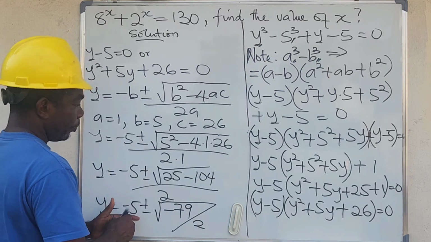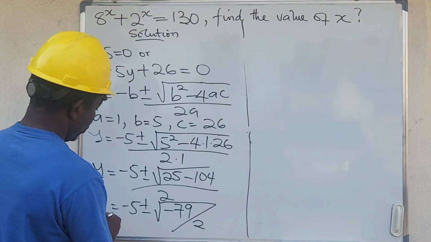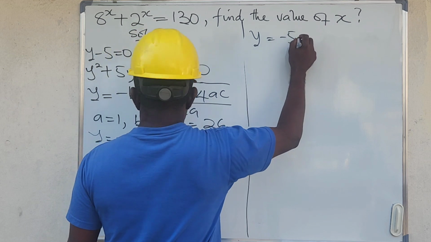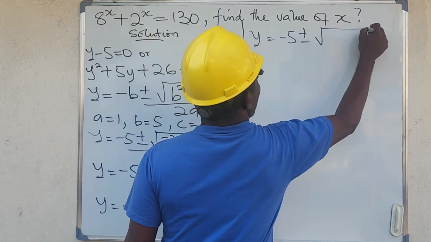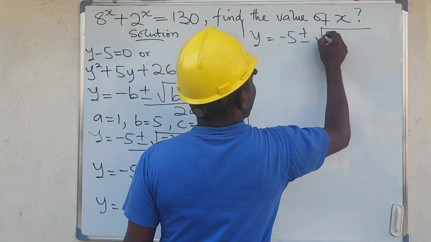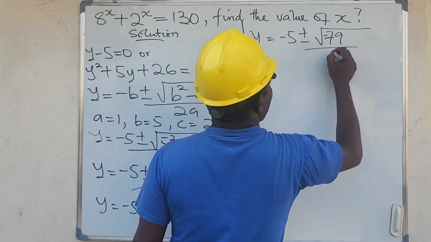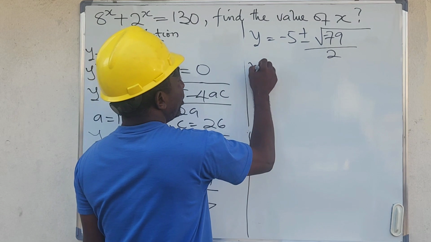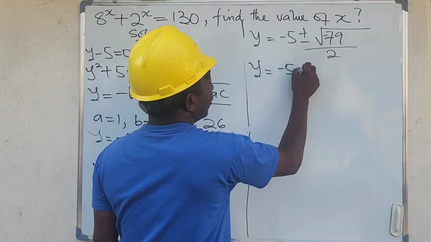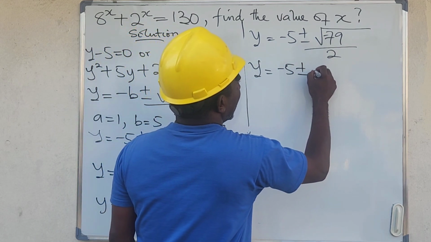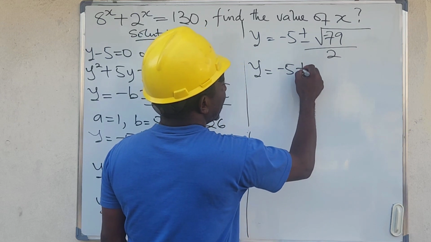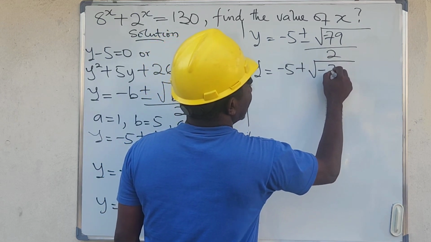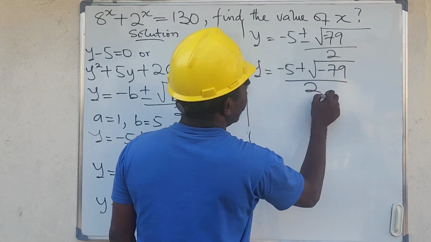Here we have y equals minus 5 plus or minus the square root of minus 79, all over 2.